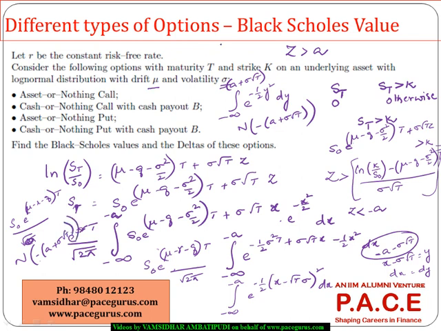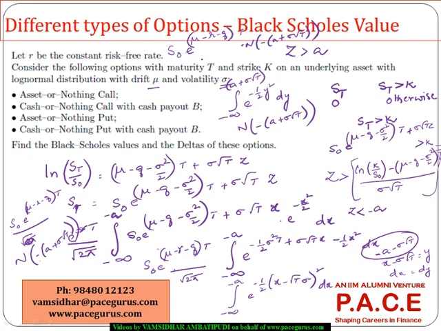So overall, the payoff in case of an asset or nothing kind of a call goes as S naught into e power (mu minus r minus q) into t into N of minus of (A plus sigma root t).